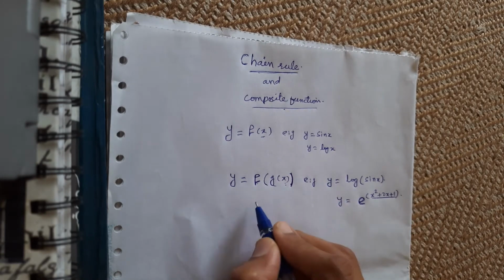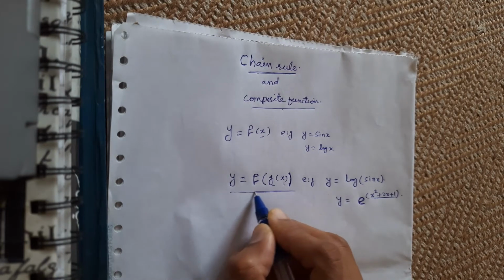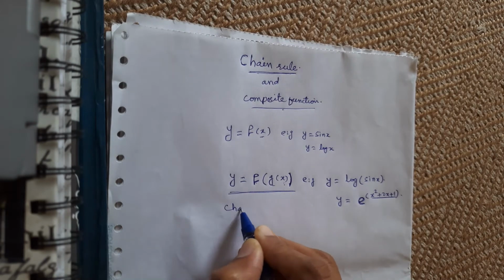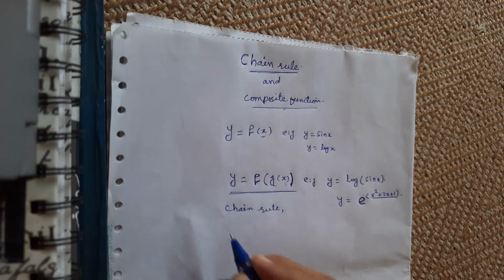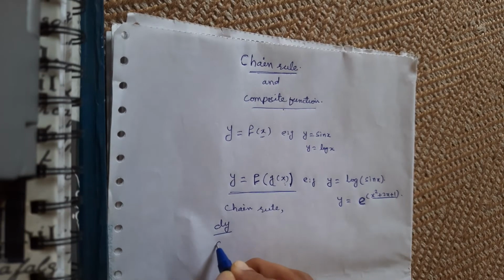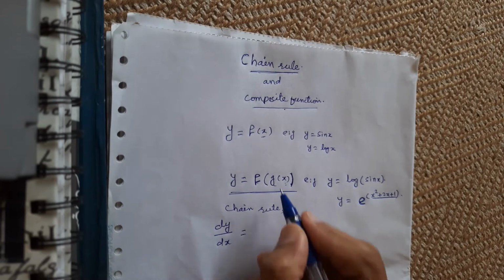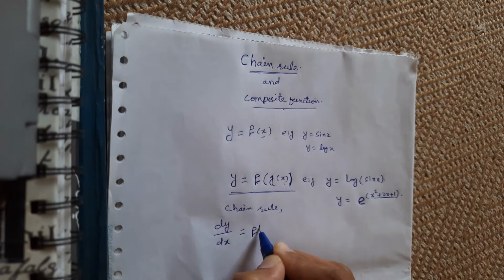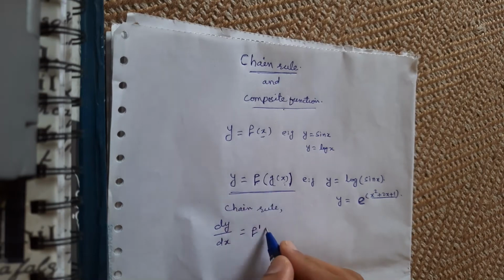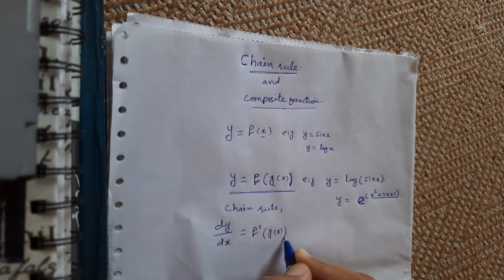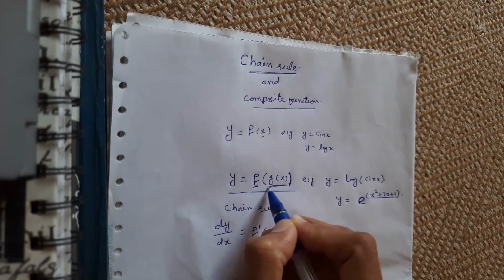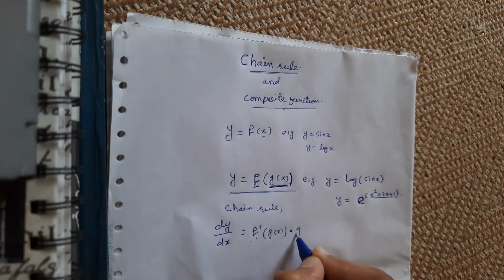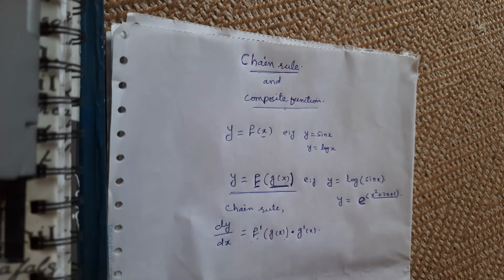In this case, to find the derivative we use the chain rule. And what is the chain rule of derivative? It tells me that dy by dx is equal to, first I need to find the derivative of this f of g x, the outer function, and multiply by the derivative of the inside function, g dash of x.